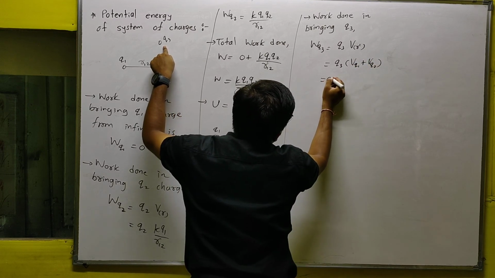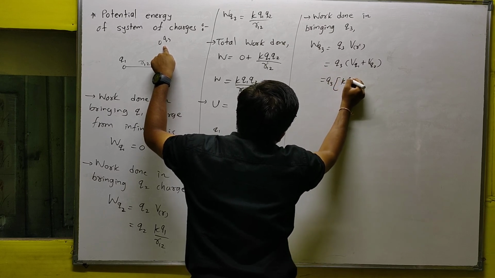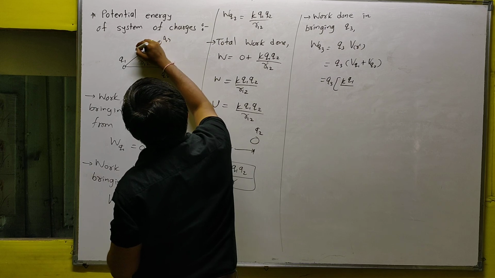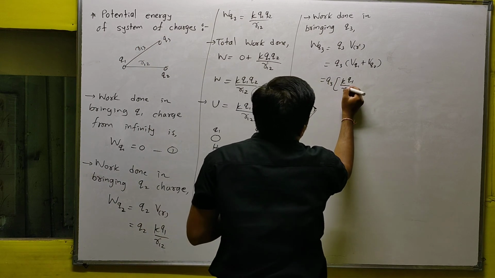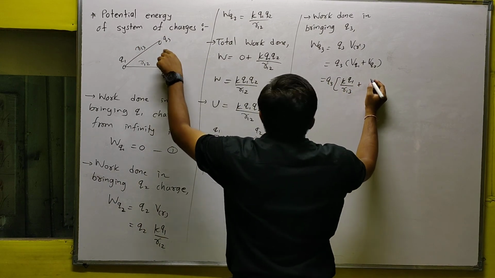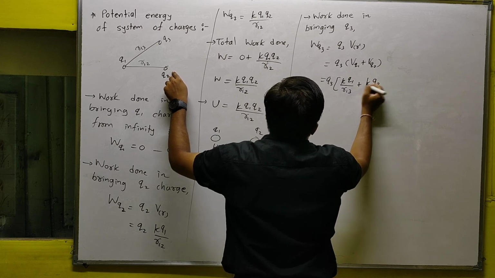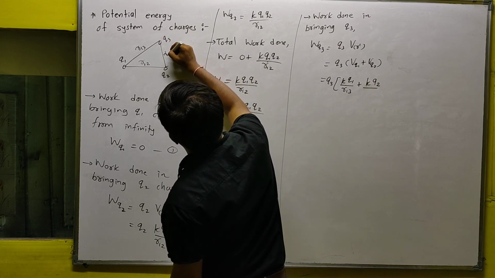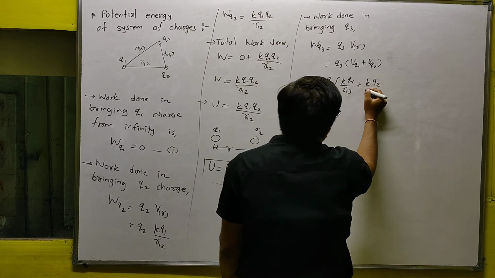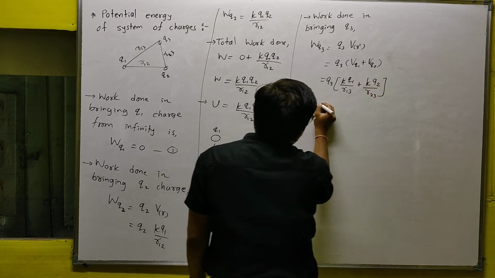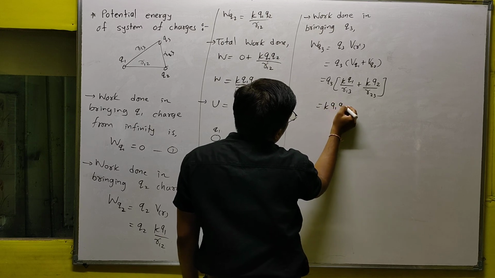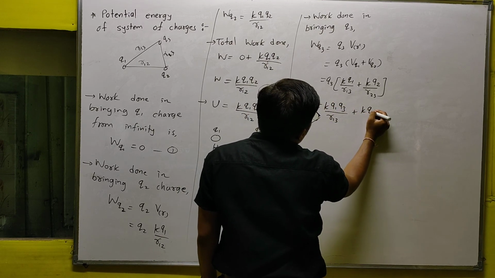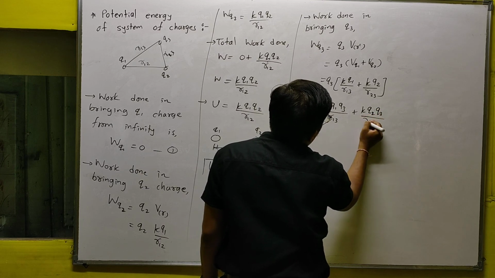The potential due to q1 is k q1 by the distance r13, and the potential due to q2 is k q2 by r23. So the work is k q1 q3 divided by r13 plus k q2 q3 divided by r23.